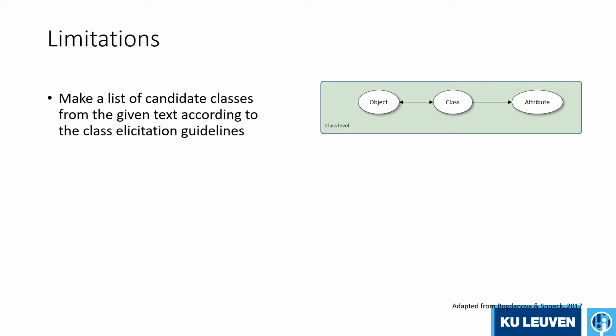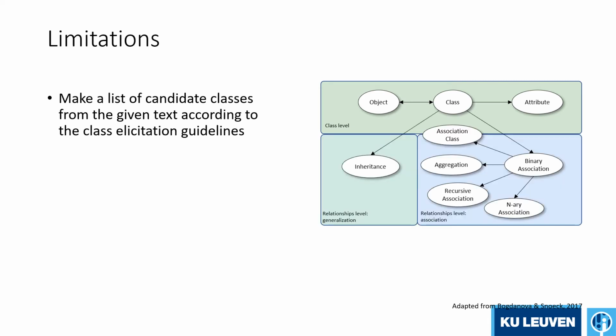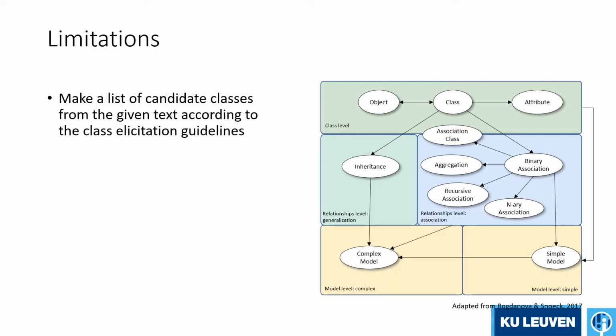And only when you master this level, you can start thinking about associations, like inheritance and all the other types of associations, binary associations, ternary associations, aggregation, and so on. And only when you understand these things, you can start thinking about creating simple models and grow to creating complex models, and maybe also identify patterns.